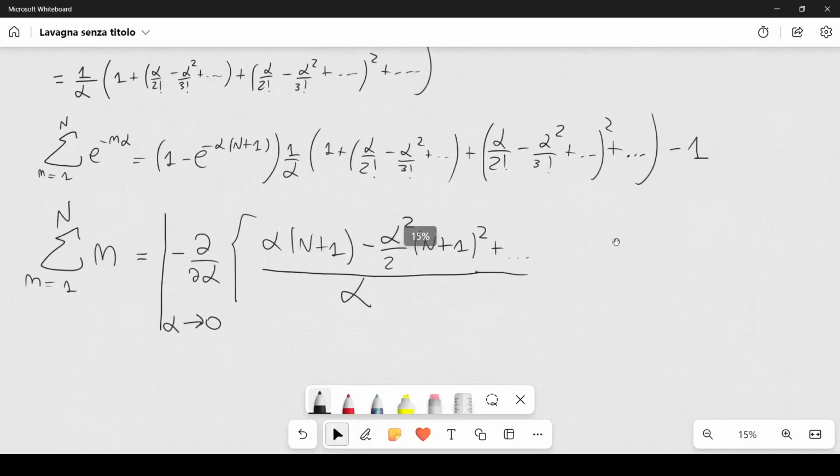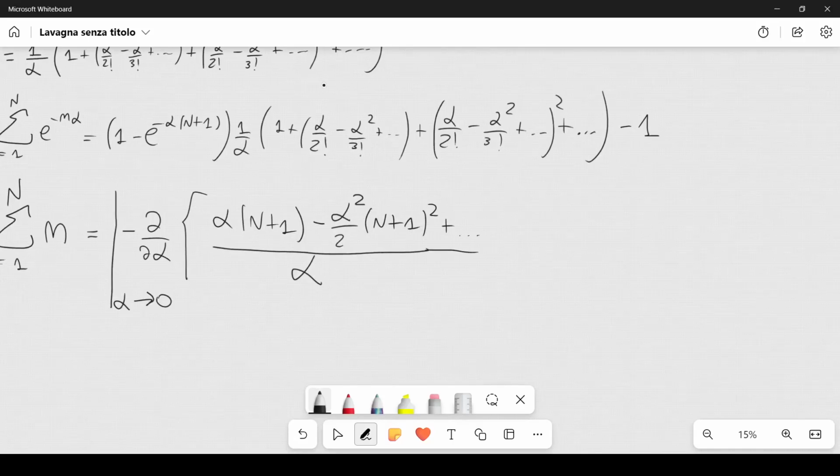Remember that this multiplies all of this, actually only this, and then we have this minus 1, but since we are taking the derivative with respect to alpha, this minus 1 can be neglected, because the derivative with respect to alpha of a constant is just 0. So we can avoid writing down this minus 1. And then what do we have here?